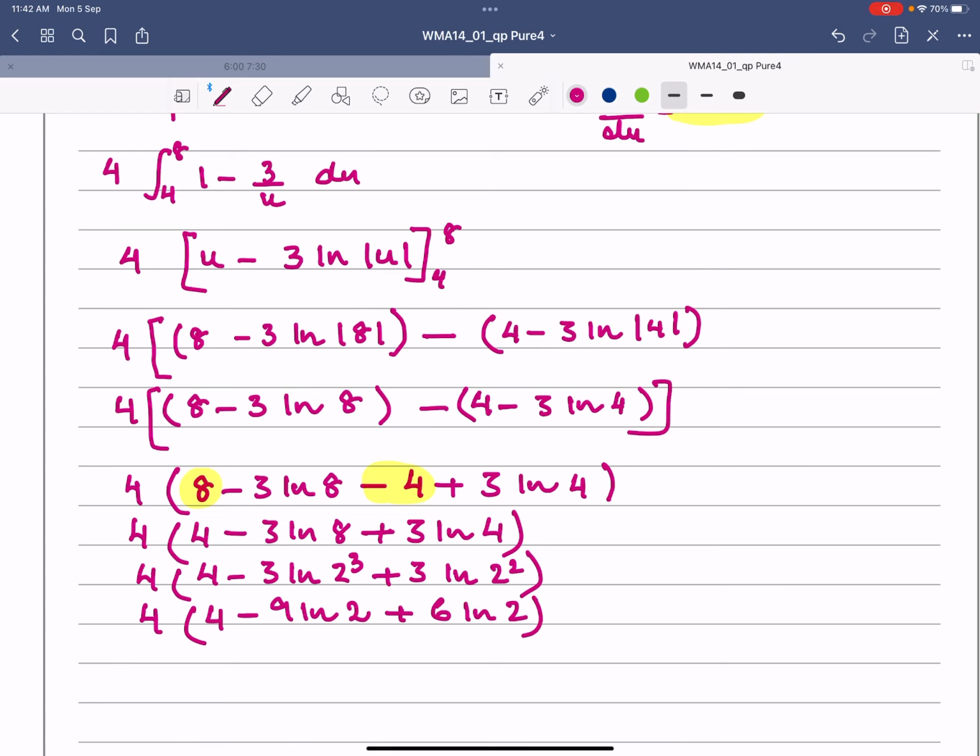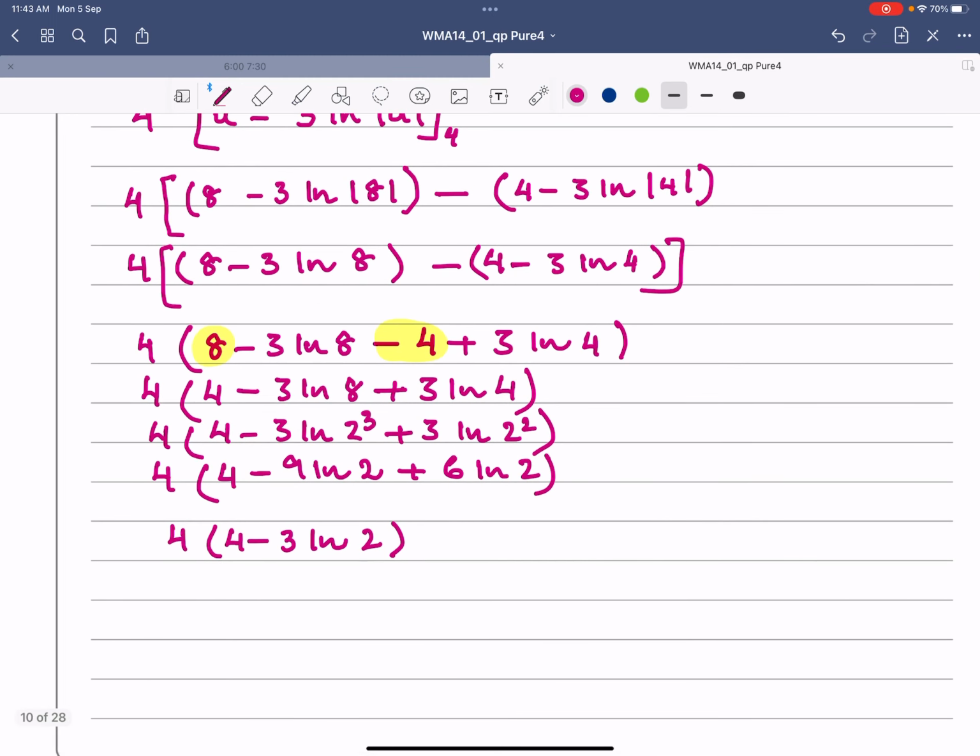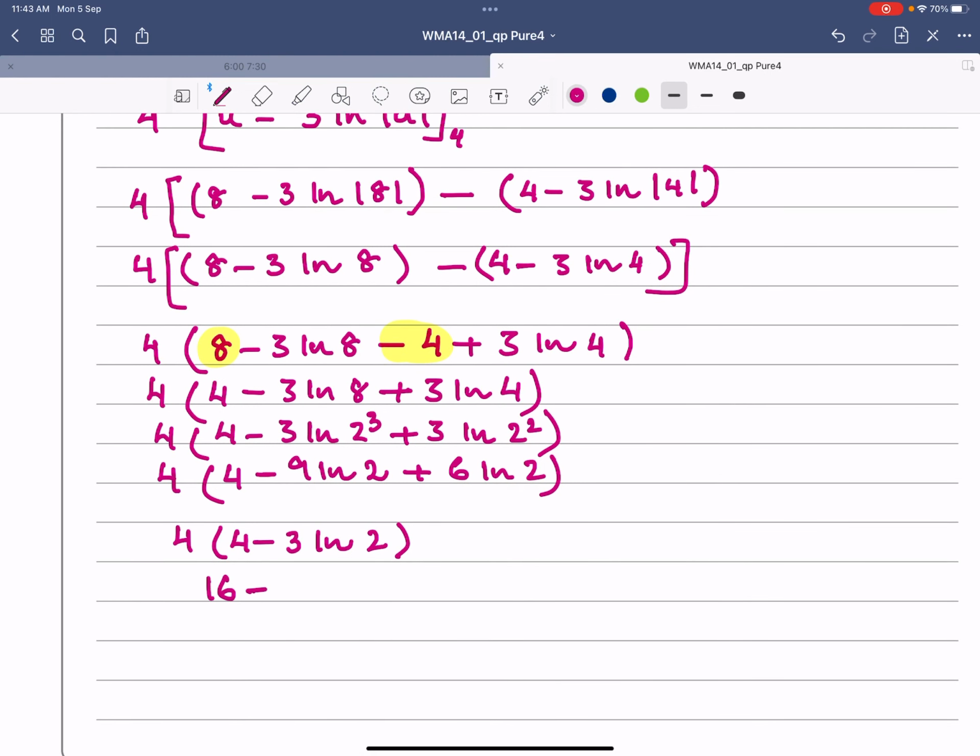So now we can simplify minus 9 ln 2 plus 6 ln 2, and that gives us 4 into 4 minus 3 ln 2. Now we can just multiply the 4. 4 4s are 16 minus 4 3s are 12 ln 2. And that is the final answer.